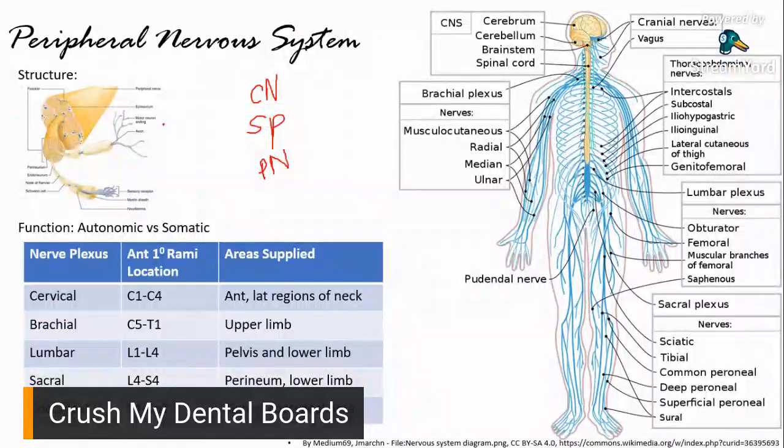So that's the basic components of your peripheral nerves. Okay? 12 pairs of cranial nerves, 31 pairs of spinal nerves, and you have your peripheral nerves as a continuation of the spinal and your cranial.